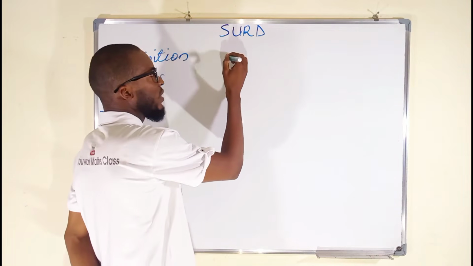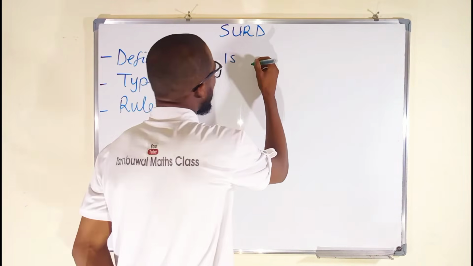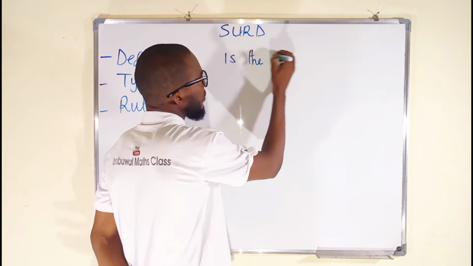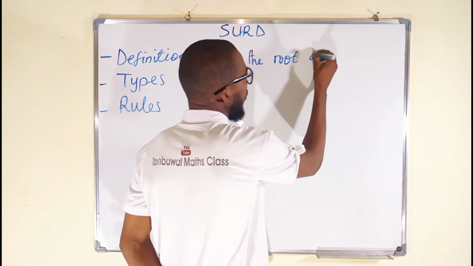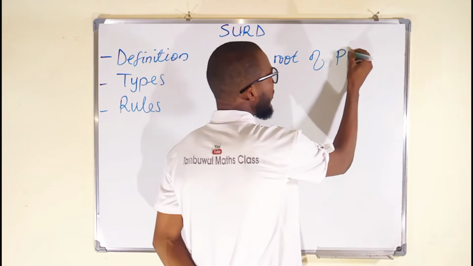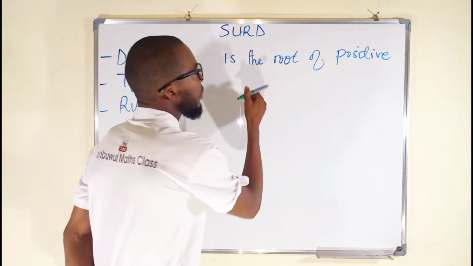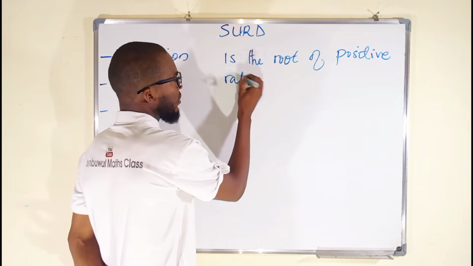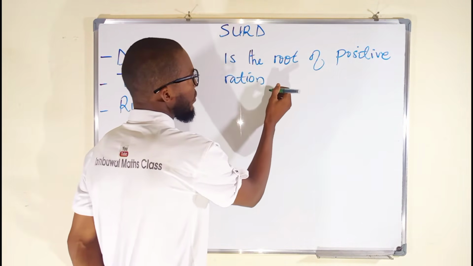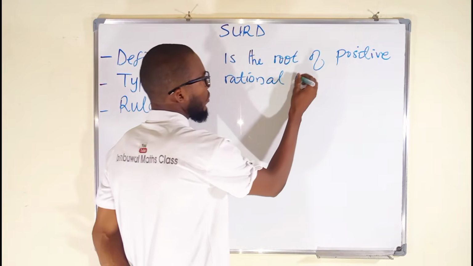We say SURD is the root of positive rational numbers.